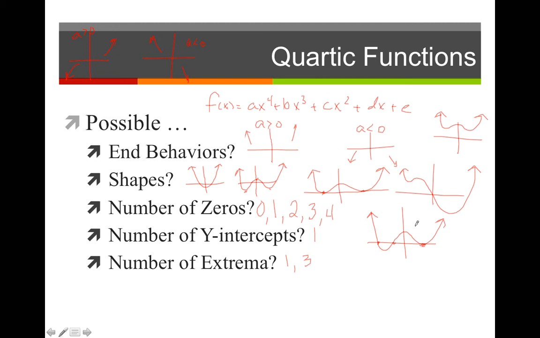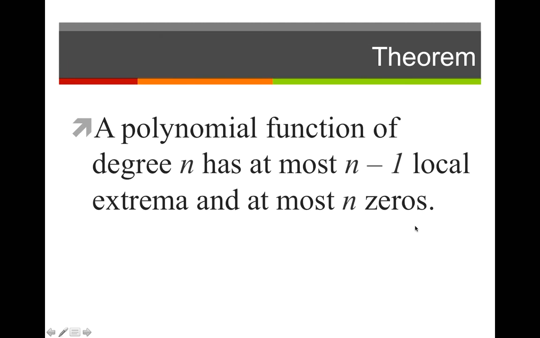So let's take a look at a quick theorem that comes from this. This is actually a very important theorem. This says that a polynomial function that has degree n can have at most n minus 1 local extrema and at most n zeros. So if I gave you a cubic function, that means I could have at most 2 extrema and 3 zeros.